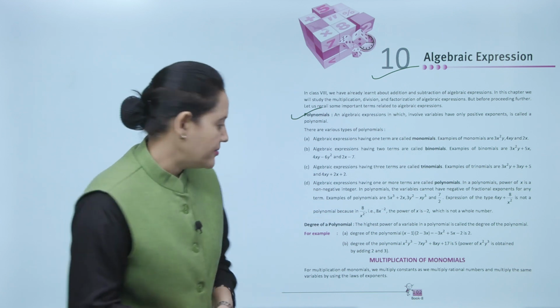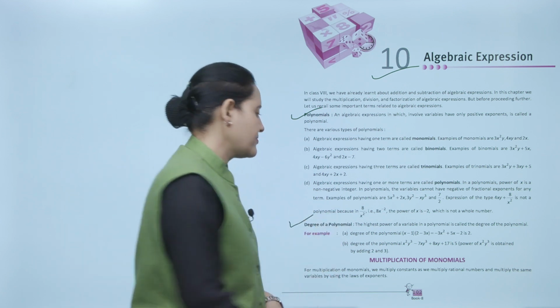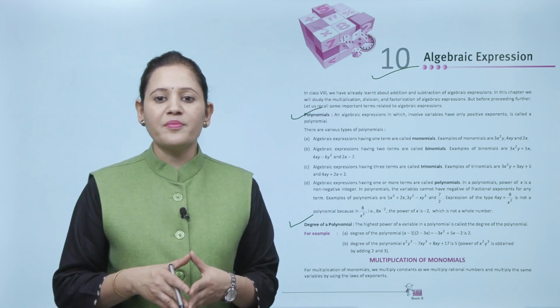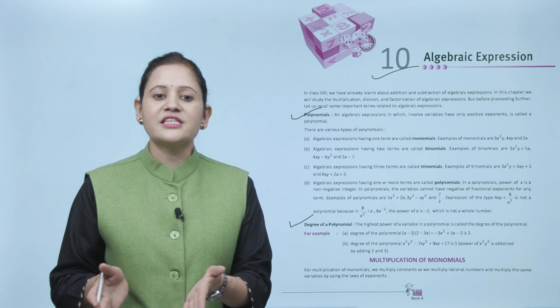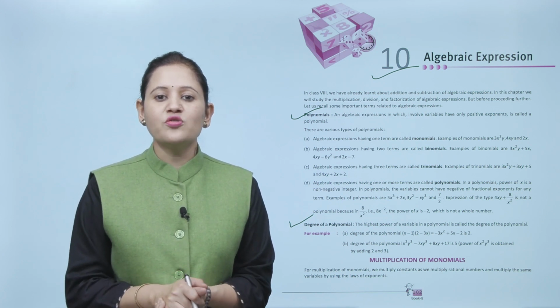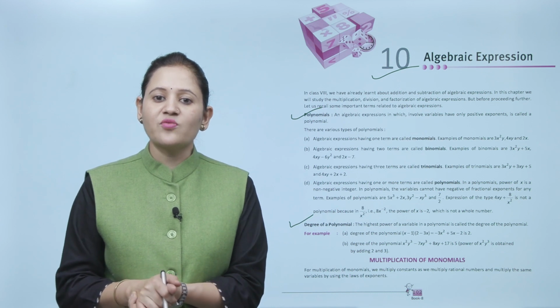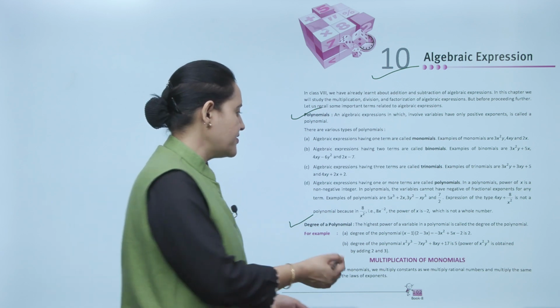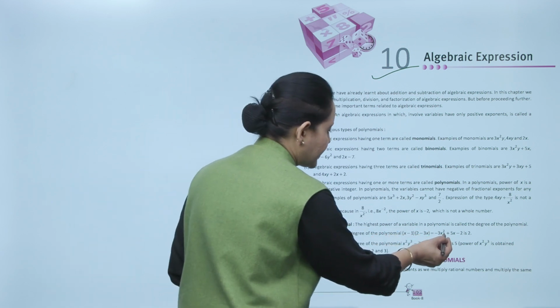Degree of polynomial. The highest power of the variable in a polynomial is called the degree of polynomial. For example, the degree of polynomial x minus 1, 2 minus 3x equals minus 3x square plus 5x minus 2 is 2, because the variable's highest power is 2.